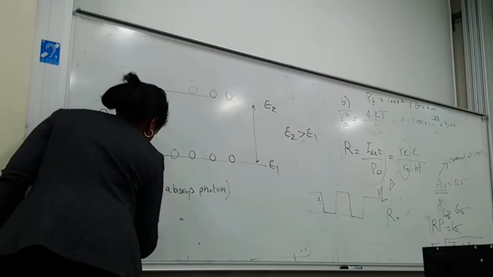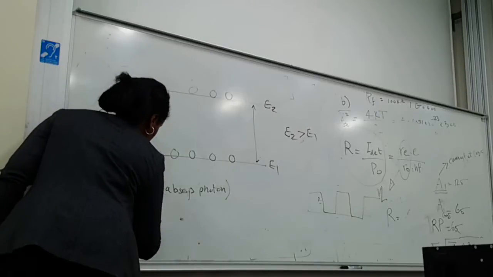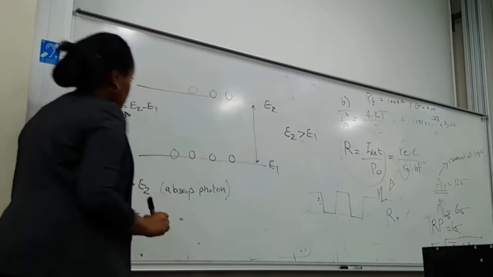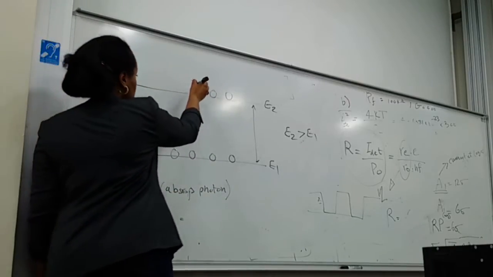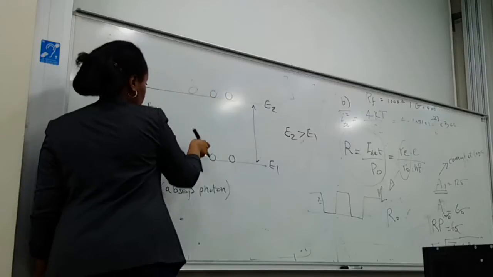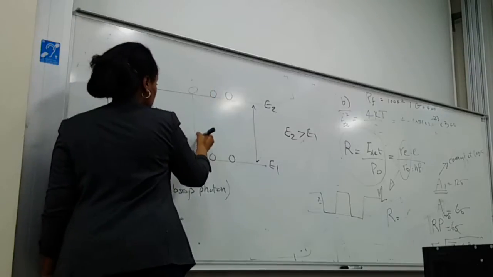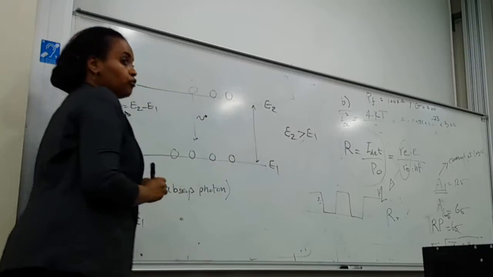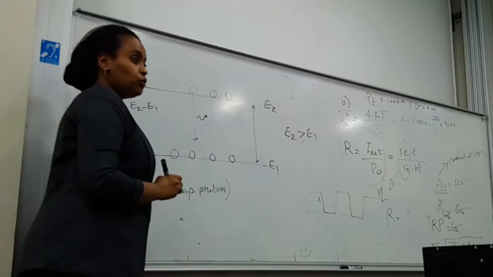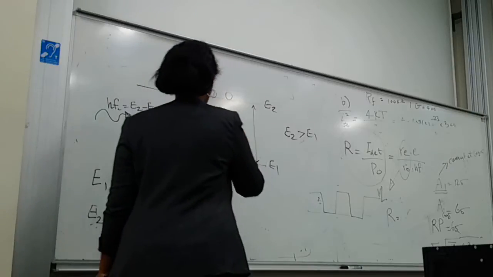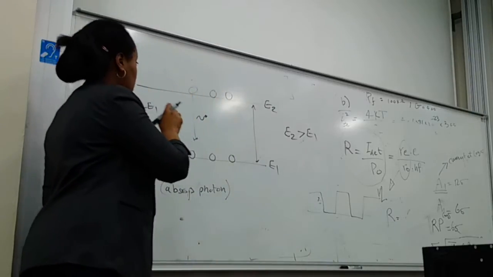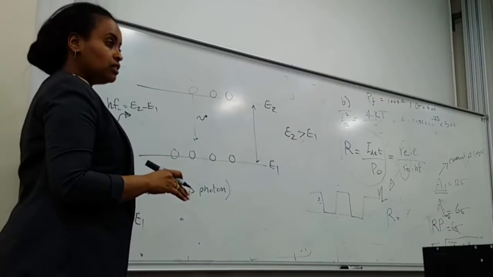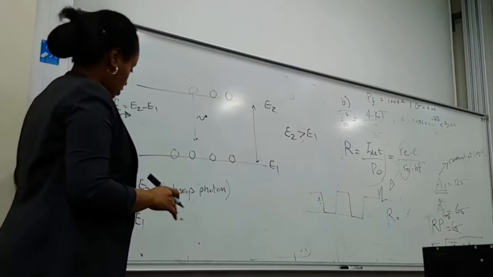Also we can have transitions from E2 to E1. In this case, the atom will fall down and emit a photon. This photon will have the same energy and the same wavelength as the incident photon.